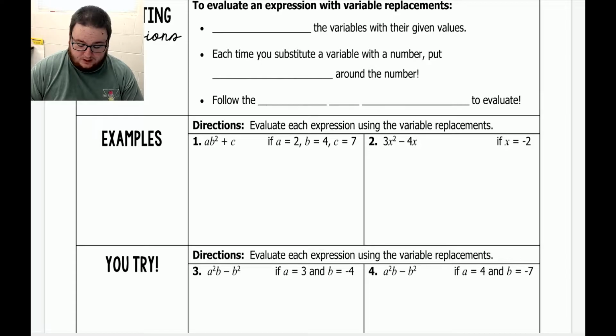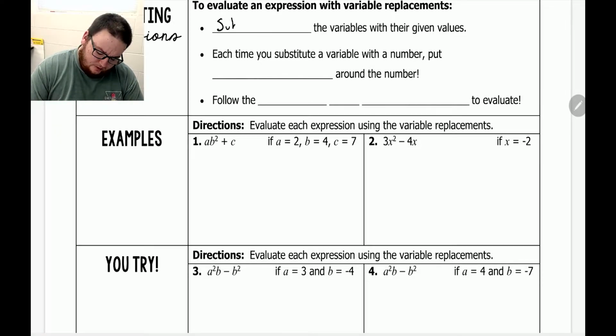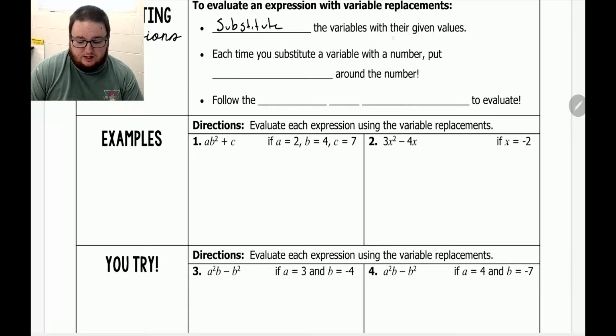So we have some steps to evaluate an expression using the substitution property. Number one, we're going to substitute the variables with their given values.